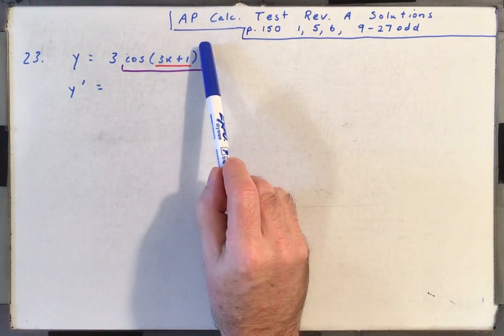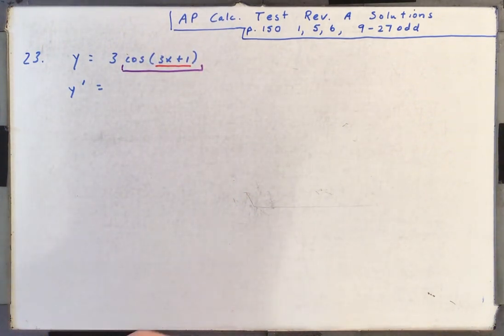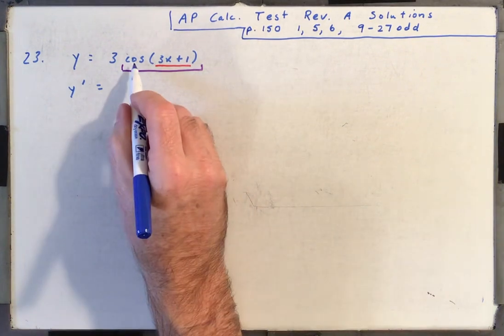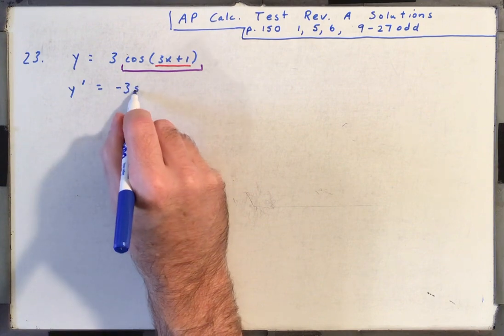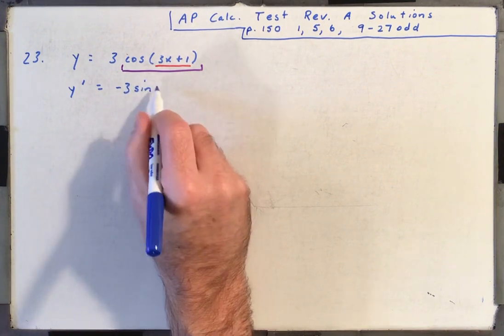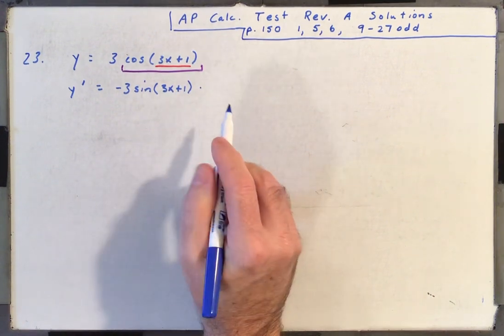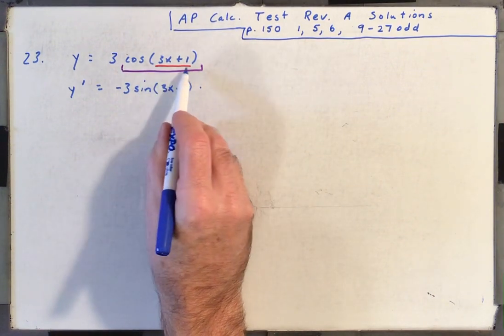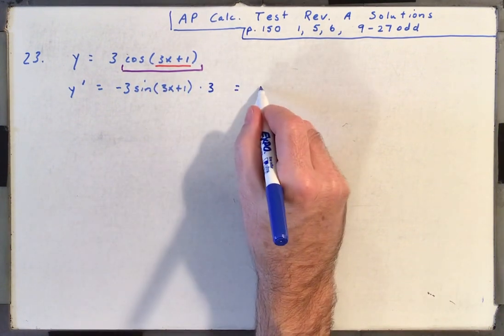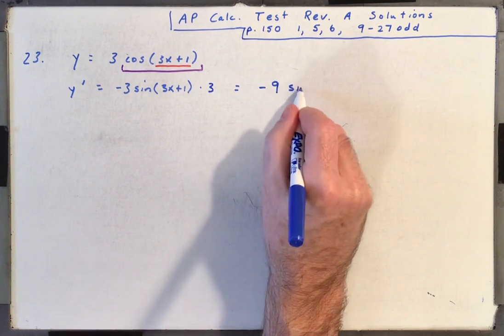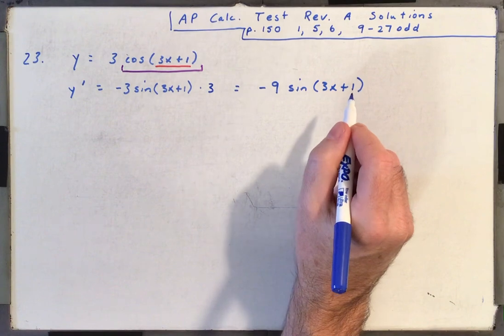If the angle were squared, or if we had like a 2 there squared, then we'd have a third layer. Okay, the derivative of cosine is minus sine, so that's going to be minus 3 sine. I went ahead and brought the negative out front. 3x plus 1. And then multiply that by the derivative of the blob, what's in red, the angle. So times 3. So that's minus 9 sine 3x plus 1.